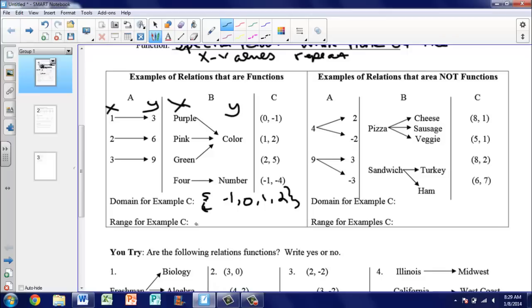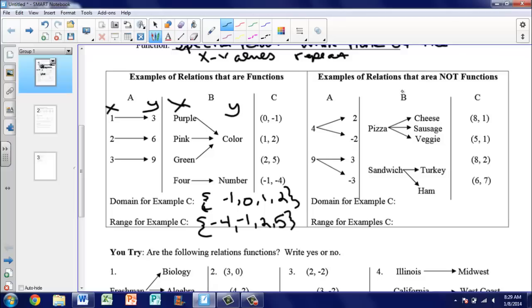Our range is going to be our y values. Again, we're going to write this in what we call set notation with these squiggly brackets. Looking at our y values, our smallest y value is -4. Next one is -1, 2, and then 5. And then we'll close that off with squiggly brackets again.